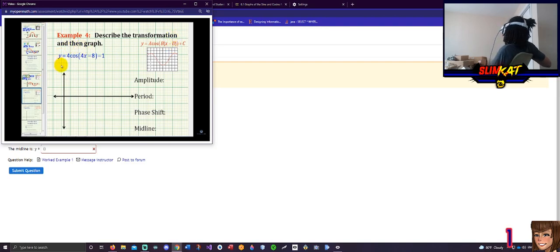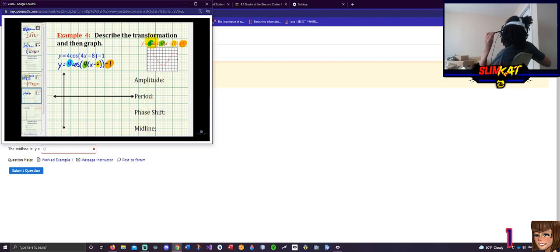So let's rewrite this: y equals 4 times cosine of 4 times the quantity x minus 2, minus 1. So now we should recognize that a is equal to 4, b is equal to 4, d is equal to 2, and c is equal to negative 1. Now let's describe the amplitude, period, phase shift, and midline.